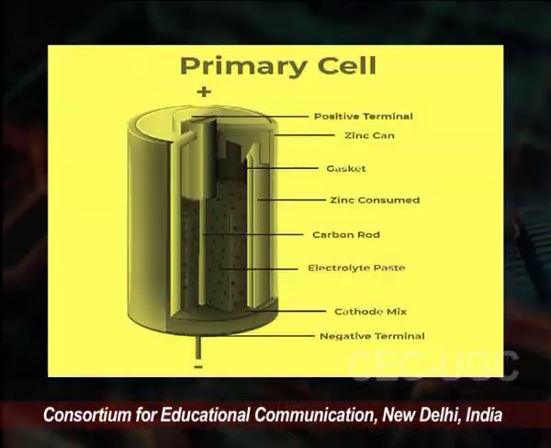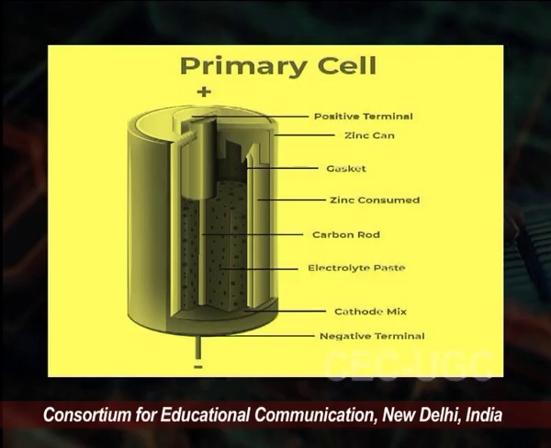This cell can only be replenished by the removal of an active material, by putting pellets of ammonia into the electrolyte. It means we have to change the internal material of this cell, and only then can we make another cell using this. You can see the structure of the primary cell. In this picture we have the positive and negative terminals.